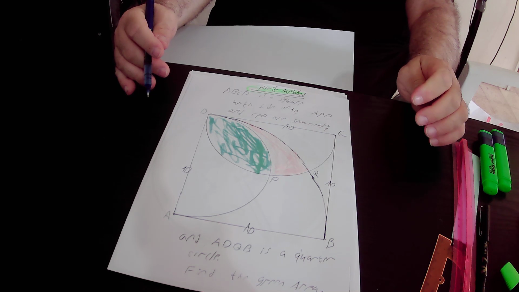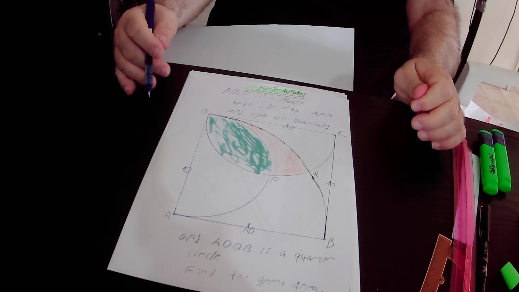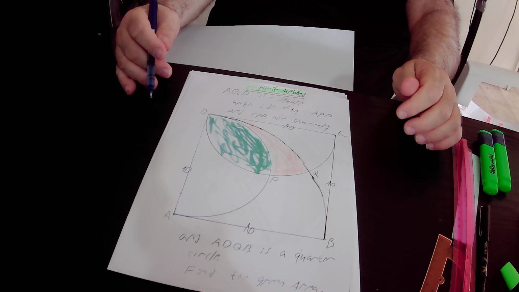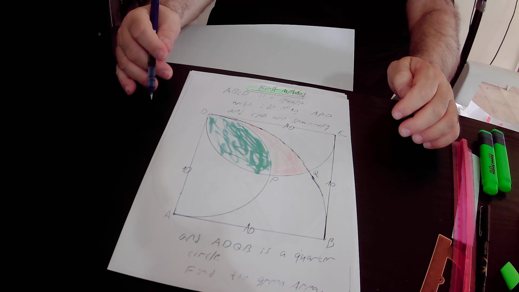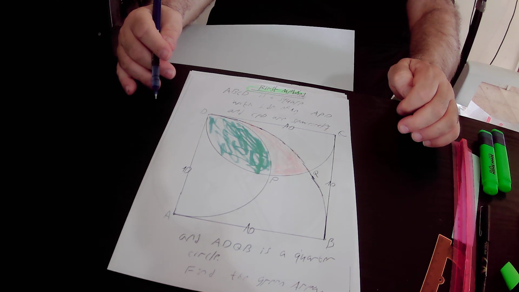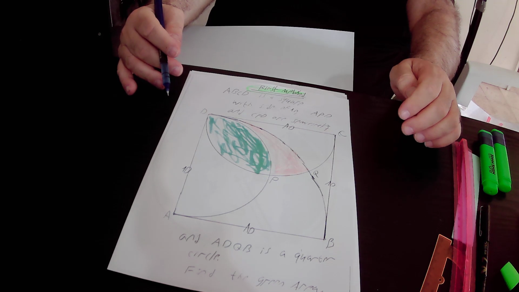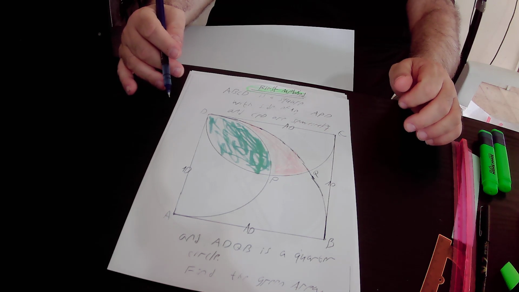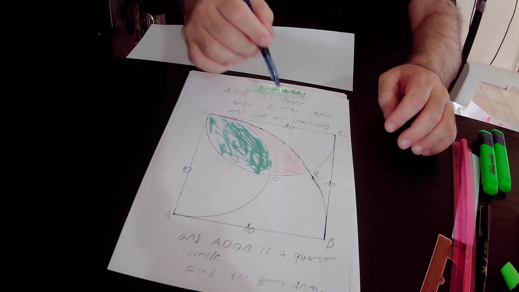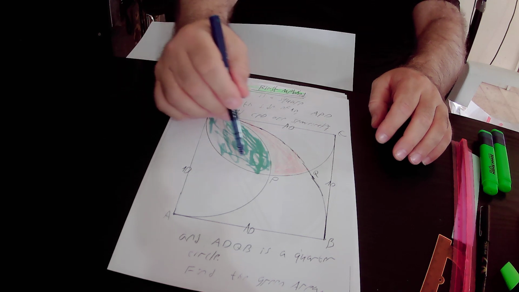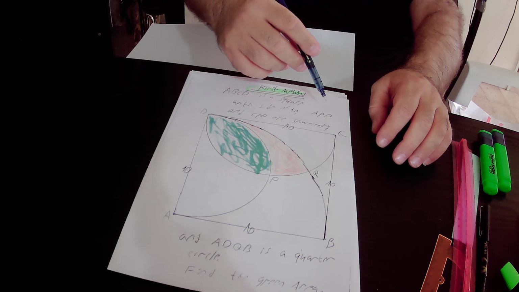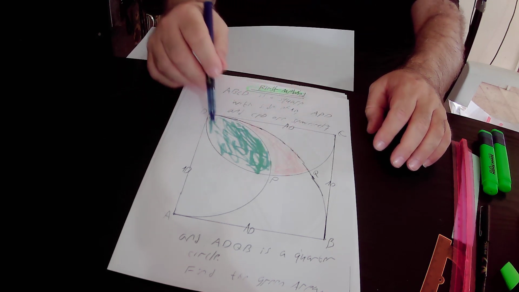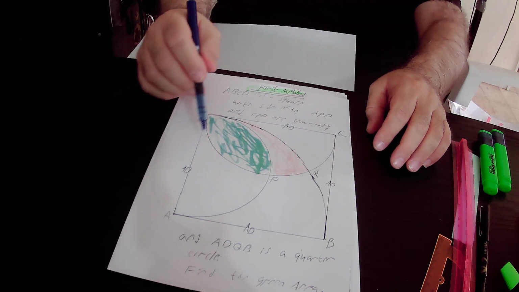A lens is the common area that is created by the intersection of two circles or semicircles. Here the blue lens was created by the intersection of those two semicircles with each other.